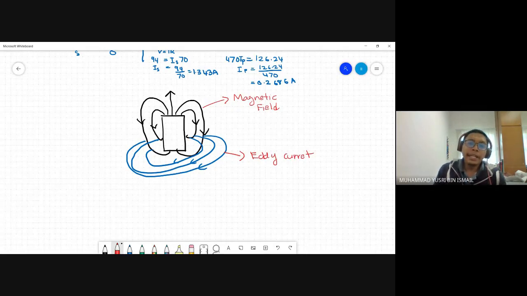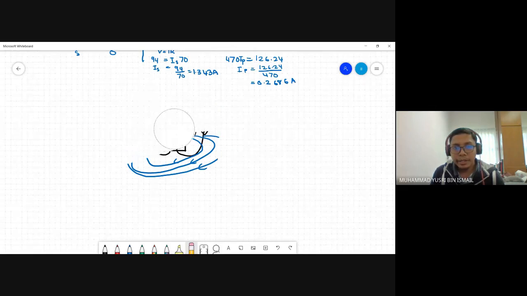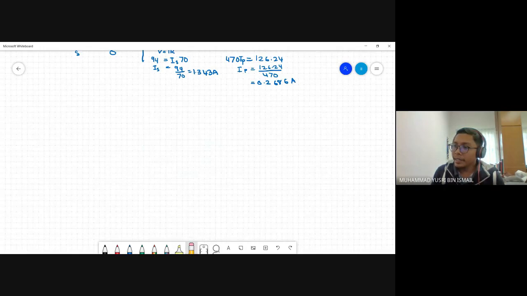This eddy current is considered as the losses. In an ideal transformer, it only has the current that flows inside the transformer core. So that is the three types of losses for transformer.